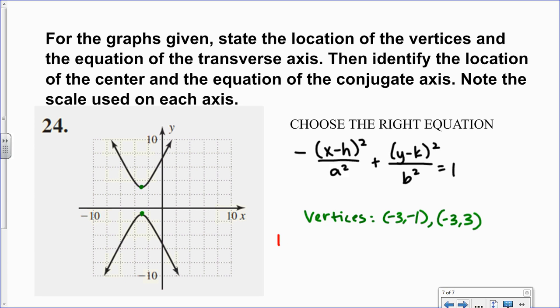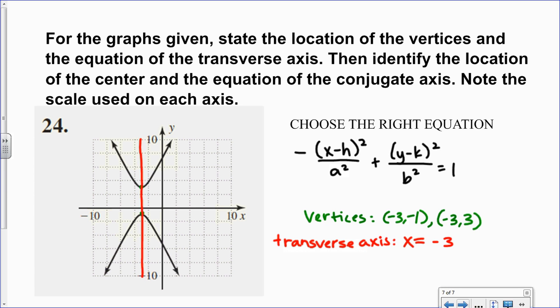Okay, the equation of the transverse axis. That's the one that goes through the vertices. So a vertical line, meaning it's x equals, where does it go through x? -3. So my center, the x coordinate is -3.